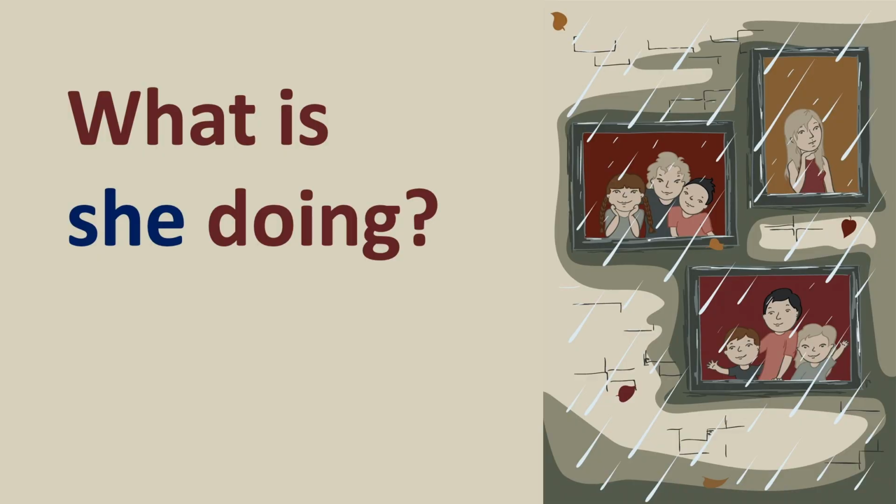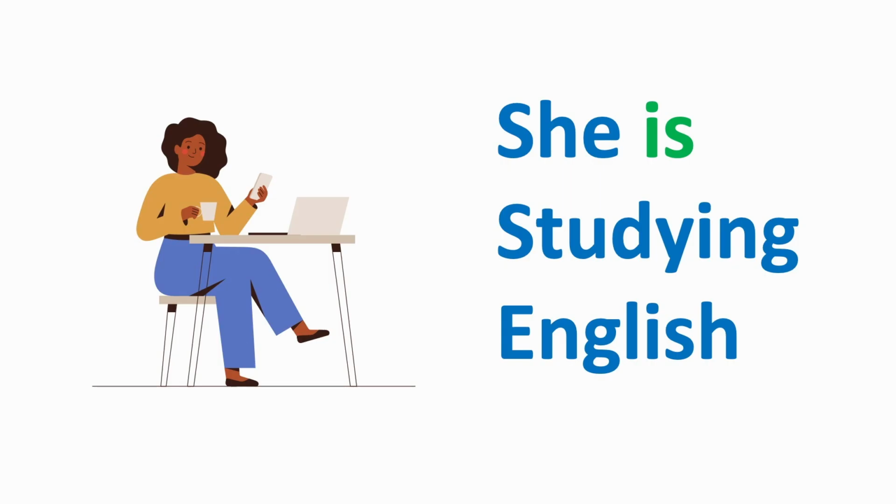But what if the question is, what is she doing? Maybe it's somebody else at the computer studying English with Teacher Frank. And the person comes into the room and says, what is she doing? Well, the answer would be she is studying English.